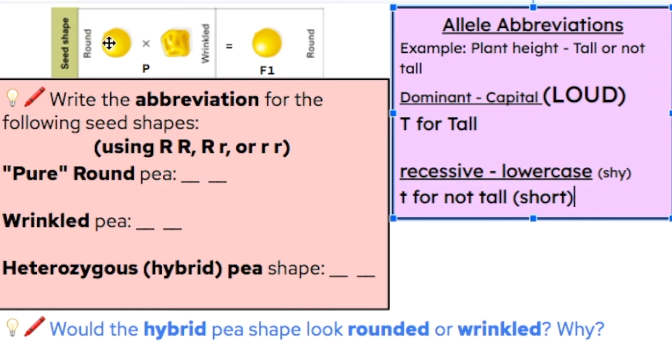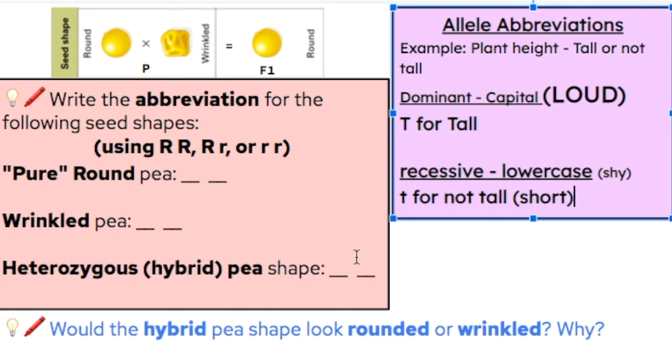So for this one, round versus wrinkled, we might use R's. So we'll go ahead and write out what you think a pure round pea is. Is it going to be capital R, lowercase r, or lowercase r? So round is dominant, wrinkled is recessive, capital is for dominant, lowercase is for recessive. Go ahead and write out what you think a wrinkled pea would be.